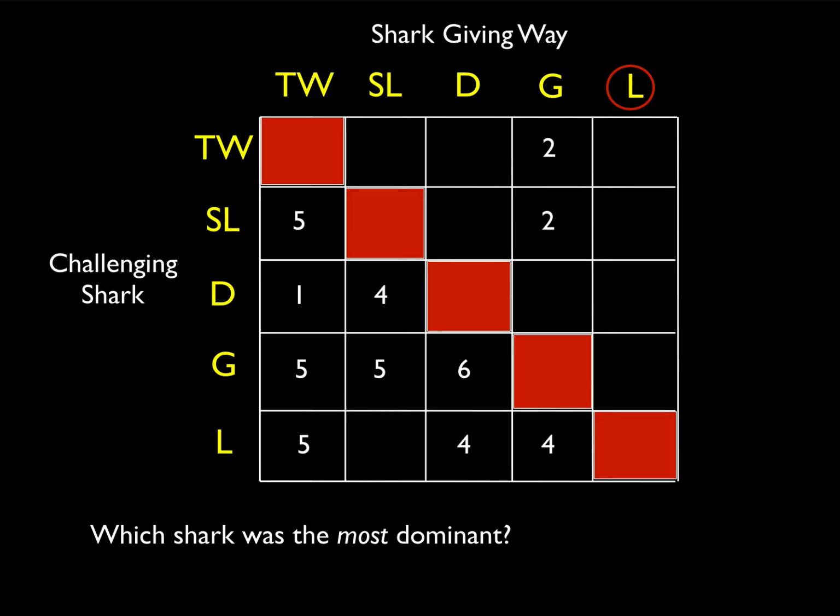It's not that it wasn't challenged, it was. Never gave way. The least dominant, well, look at the columns. I didn't put a line in for column totals, but you can do the simple math. Obviously, the least dominant is TW. It gave way 16 times. None of the other sharks gave way that many times.